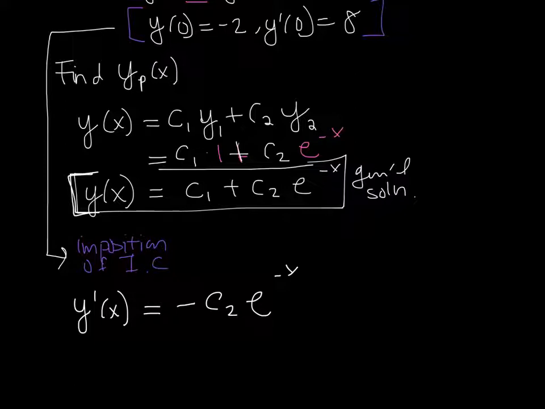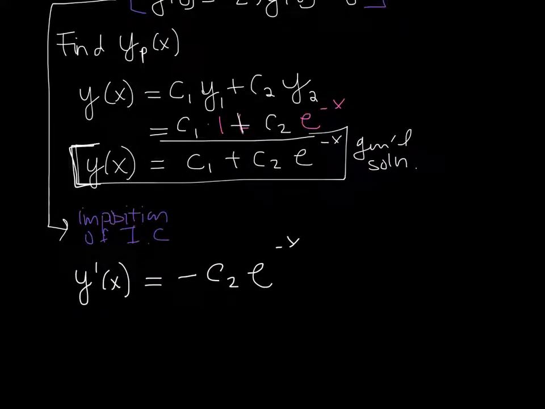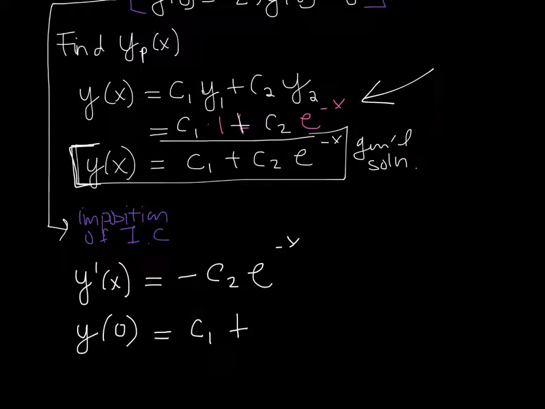And now let's impose our initial conditions. So we have y of 0. Well, y of 0 is equal to, looking at this expression, C1 plus C2 times e to the negative 0, which is really just 1.